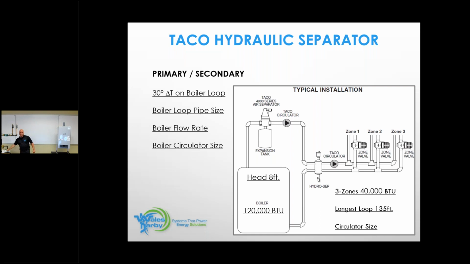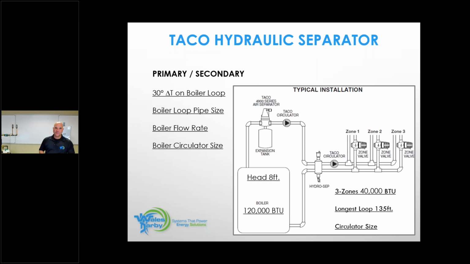Here is the scenario of this one. This boiler was installed recently, and well, we won't go there. Let's just figure it out. 30-degree delta on the boiler.